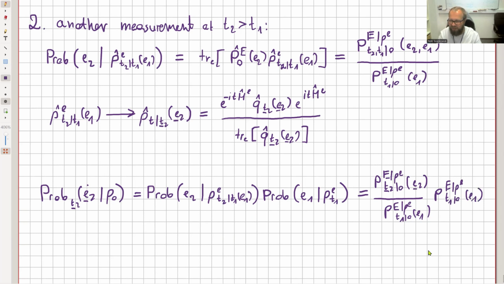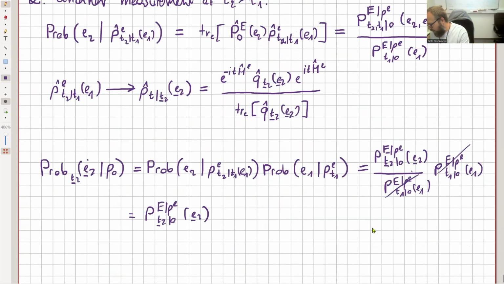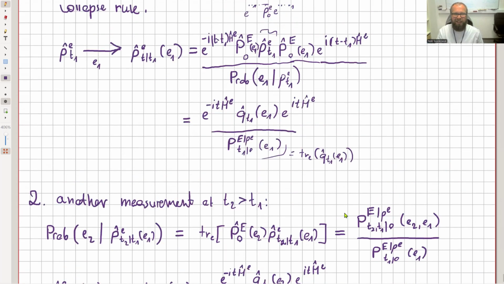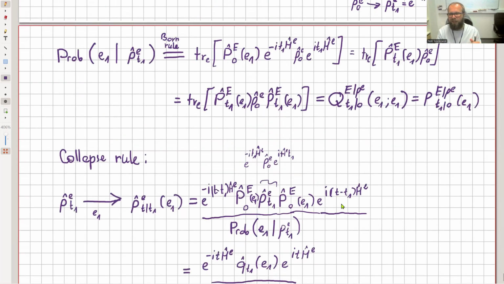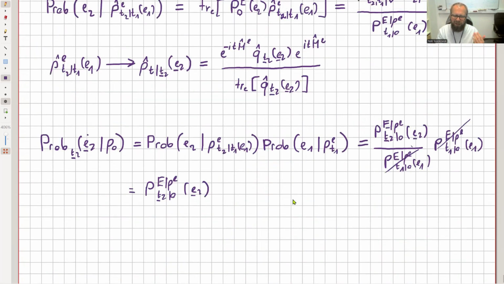Of course, they simplify and you get P rho E T2 0 E2. So I think that the emerging pattern should be clear by now. All right. So the probability of measuring E1 at time T1 is a diagonal part of the by probability. Probability of measuring sequence E2 E1 is also a diagonal part of the probability.